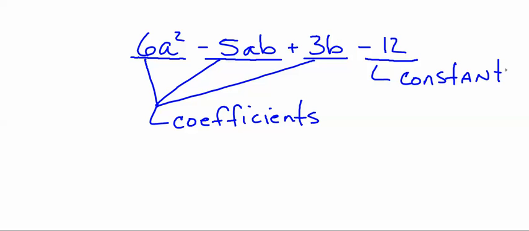And what we're trying to do here is develop a common vocabulary that we can use when we're talking about expressions or terms in a problem. And we don't have to say, hey, that thing in the middle with the 5 there. We can call that the term with a negative 5 as a coefficient. And we know that the constant in this expression is negative 12, and that there's 4 terms. Okay?